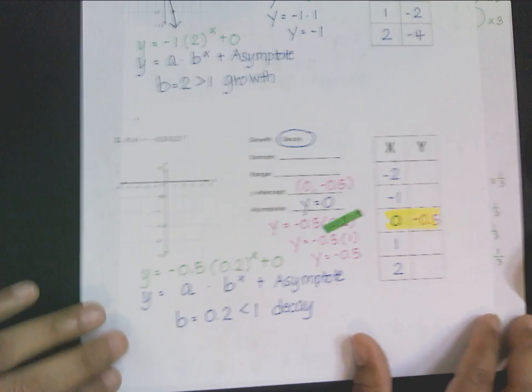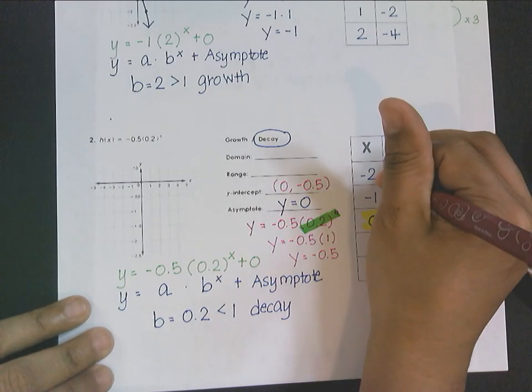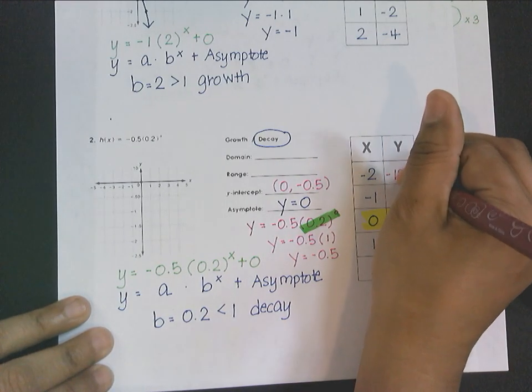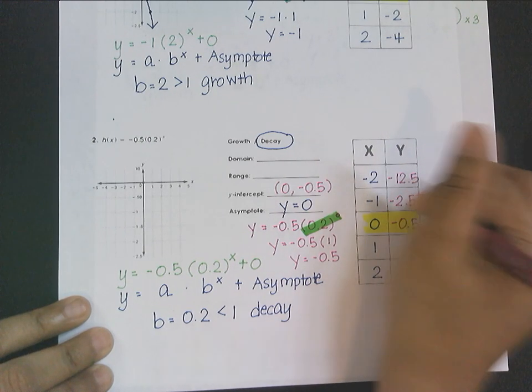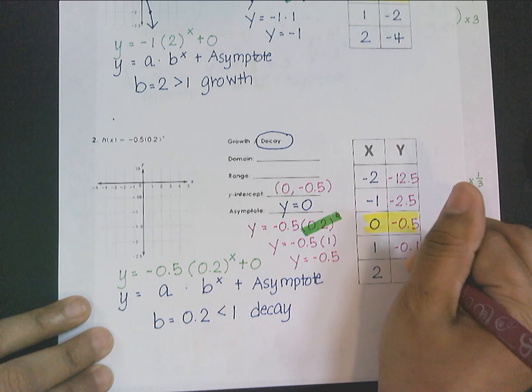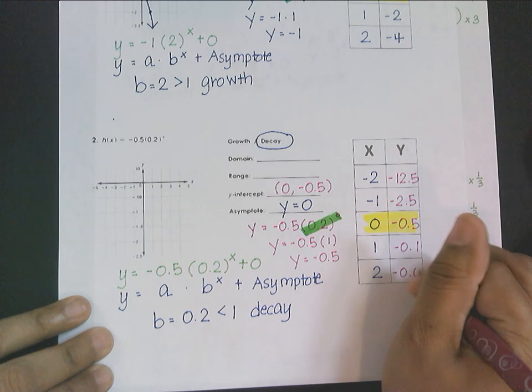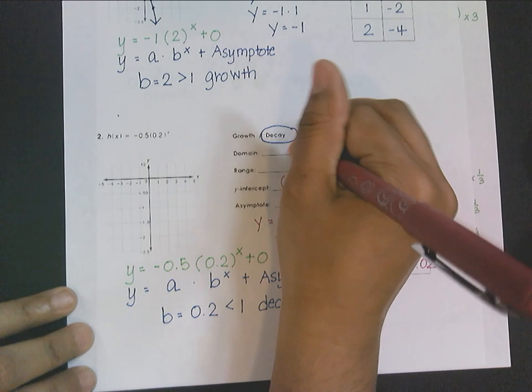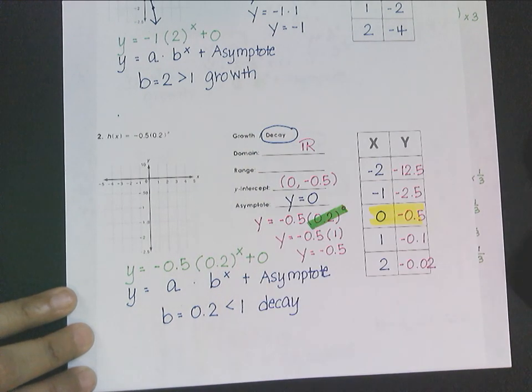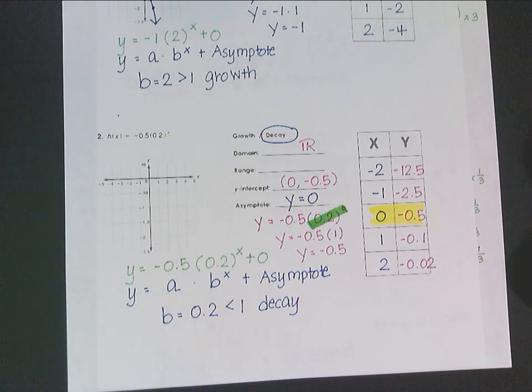Then you get to use your calculator for the other x values, and I got -12.5, -2.5, -0.5, -0.1, and -0.02. So again, your domain is all real numbers, not a multiple choice question, but my range.